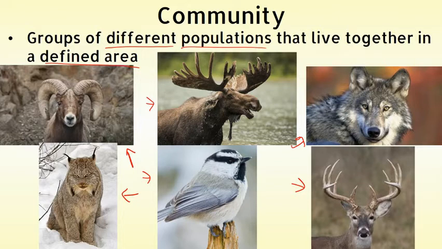How does the moose interact with the population of wolves? How do they interact with the population of lynx? How do they interact with the population of bighorned sheep? So we could look at how these different populations interact with each other in that specific area of the Rocky Mountains. Who are predators? Who are prey? How do they interact with each other in that same area? So that's the community. We're looking at how different groups of populations interact.